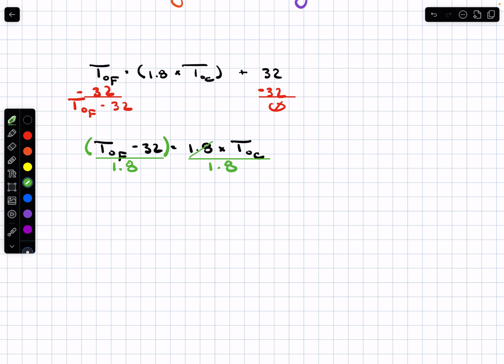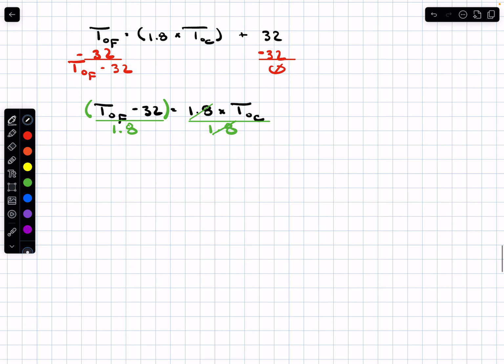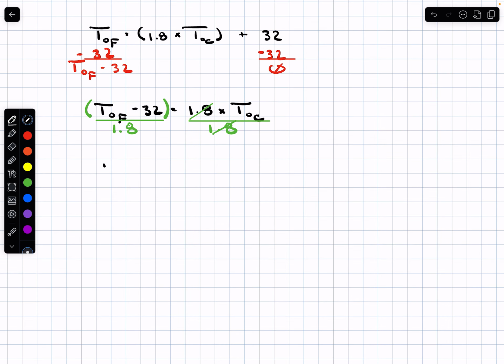So when I do this, my 1.8s cancel out on the right-hand side, and my new equation that I'm left with is temperature in degrees Fahrenheit minus 32, all divided by 1.8, which is my temperature in degrees Celsius.